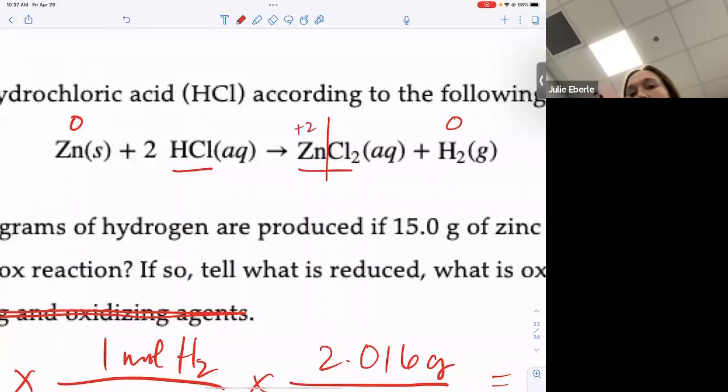That's right, Jesselyn, +2. Chloride's got a -1. There's 2 of them. So zinc's got to be a +2 to match that and give you a neutral compound overall. So zinc goes from 0 to +2. Does that mean zinc is oxidized or reduced?